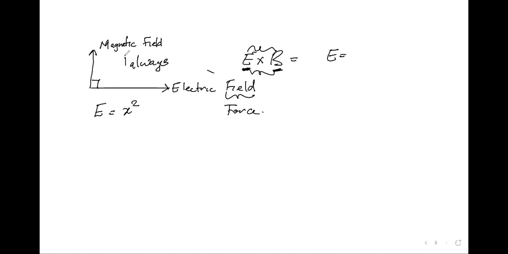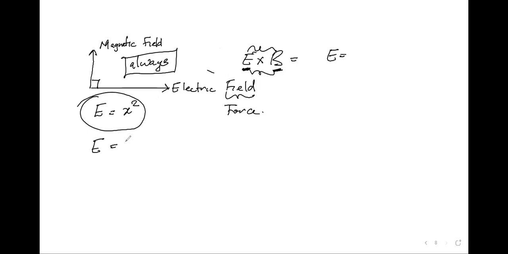So the cross product of one multiplied by some factor gives the other. So if we know the electric field in a particular direction, then all we have to do is find the cross product and we'll be able to say something about the magnetic field. I don't know if that's making any sense.